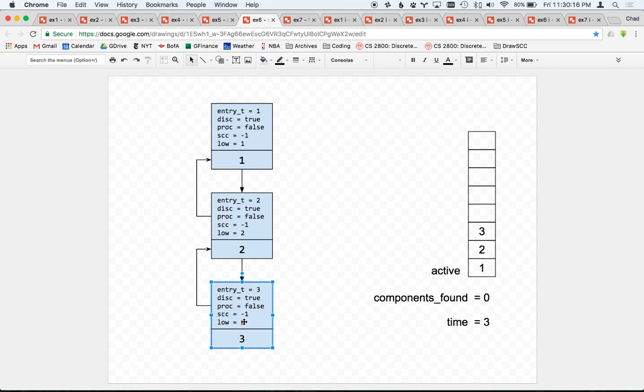We ask whether 2 is equal to 3, that is the current low of vertex 3 is equal to 3 itself, which it is not, so we give its parent the benefit of pointing to whatever the earliest vertex we can reach from here is, and we don't have to change anything because its parent is already vertex 2.